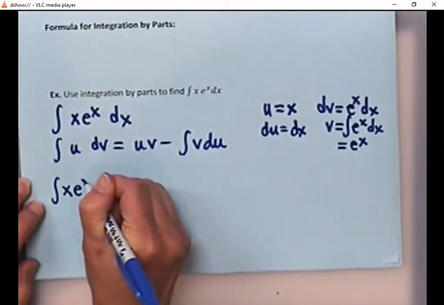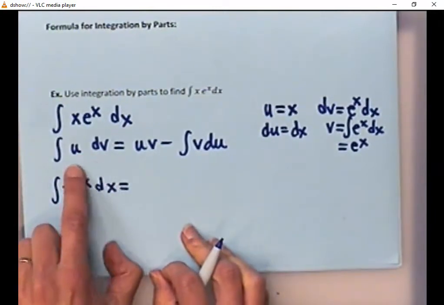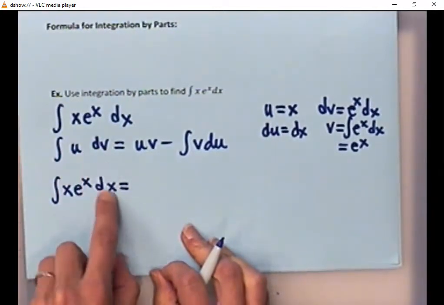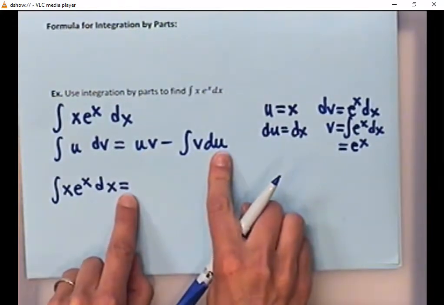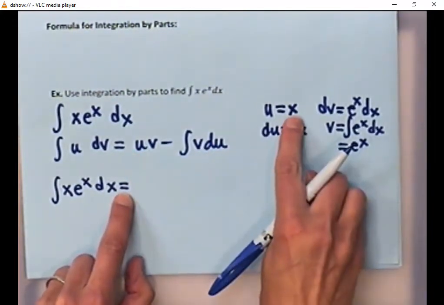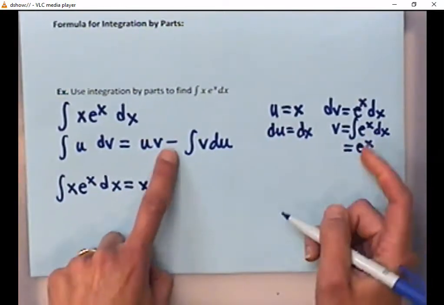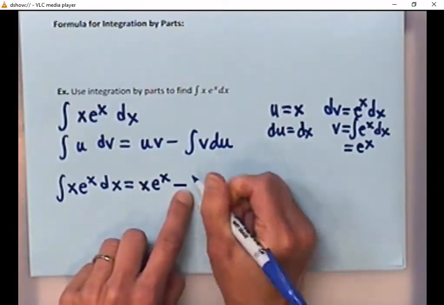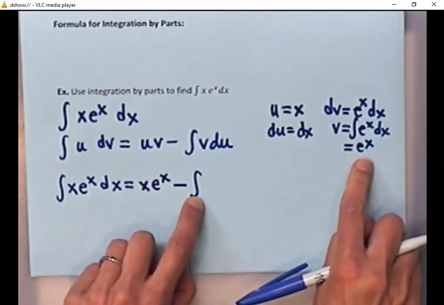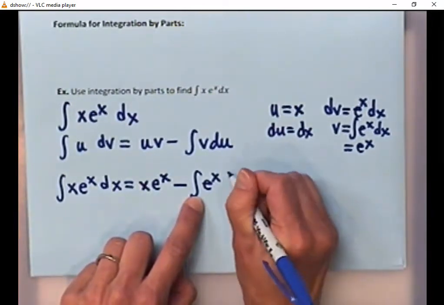So my integral x e to the x dx, I've set that up as my u and my dv. Now I fill in the rest of these pieces to figure out what it's equal to. So I put in the u, so u was x, the v was e to the x, and then I'll have the integral of the v, which is e to the x, and then plug in the du, which is dx.